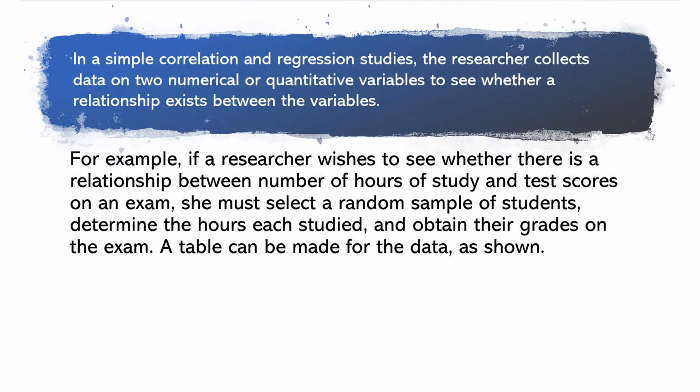For example, if a researcher wishes to see whether there is a relationship between the hours of study and test scores on an exam, she must select a random sample of students, determine the hours each studied, and obtain their grades on the exam. A table can be made for the data as shown.